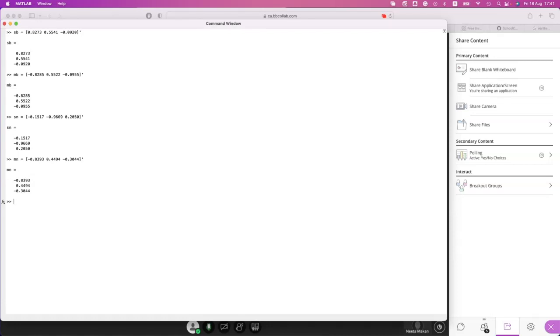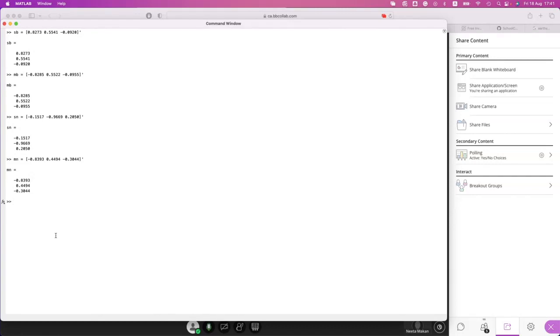So we want to have one for the body frame, the other for the inertial frame. First, I'm dealing with the body frame, so I want to have T1B, T2B, and T3B.